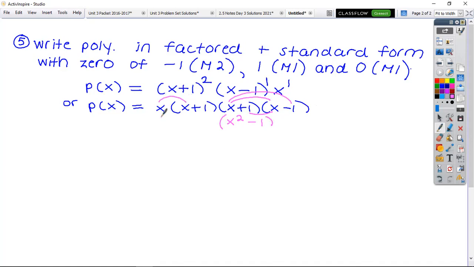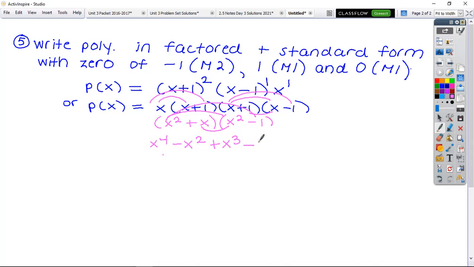x times x is x squared. And x times 1 is x. I'm almost done. I multiply out one more time. So I go x squared times x squared, which is x to the 4th. x squared times negative 1 is negative x squared. x times x squared is x to the 3rd.